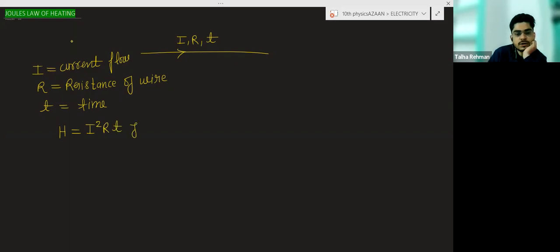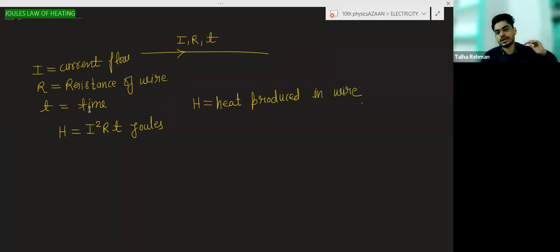This will be in joules. I is the current, R is the resistance of the wire, T is the time, and H is the heat produced in the wire. So this is Joule's law of heating. Whenever the current flows in a wire, the wire becomes hot or heat is produced in the wire.